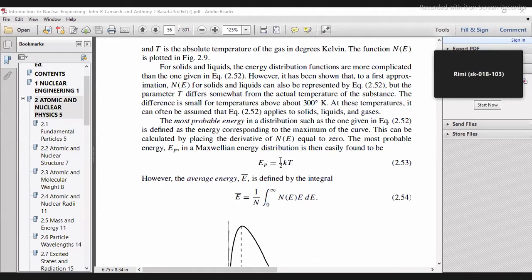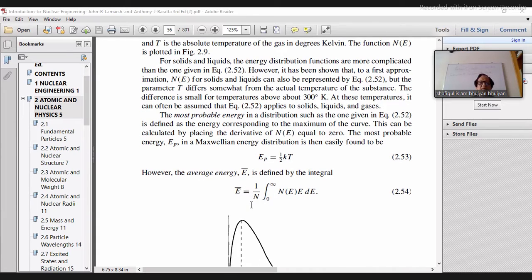So this is very important information for us: in the Maxwell distribution, the most probable energy is half kT. However, we are also interested in the average energy, which is defined by the integral of E n(E) dE divided by the integral of n(E) dE, as we are averaging it.